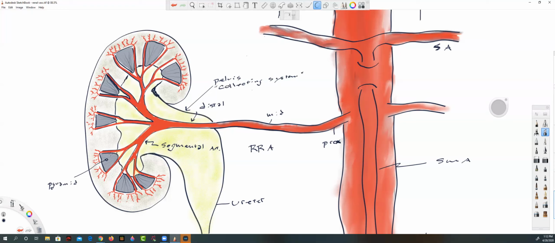It's actually all the collecting tubules from each nephron goes through the pyramid, and the collected urine is dumped into the collecting system of the pelvis and down the ureter. Okay, and then, you know what, I guess I'm going to draw a line from, I'll just go from here to here.